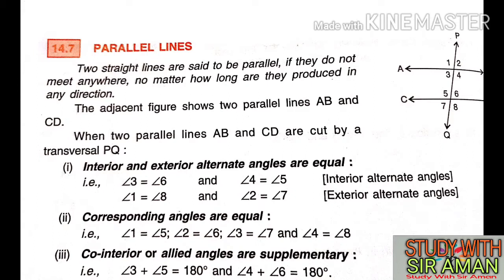So for interior alternate, first check interior alternate: angle 3 and angle 6. Check nicely, angle 3 and angle 6 are known as interior alternate angles. Similarly 4 and 5 are known as interior alternate angles. Then exterior: how many angles are exterior?